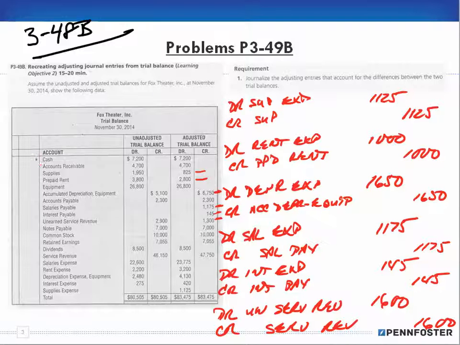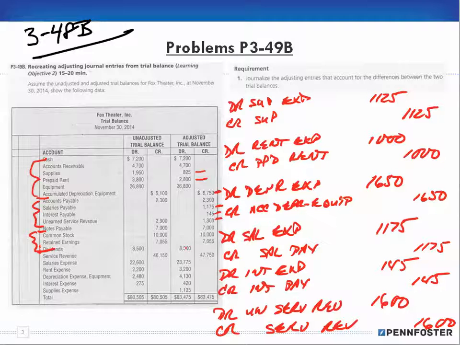Now, notice that I went through the assets, and then the liabilities, and let me draw that a little easier here. Here are my assets, and here are my liability accounts, and then I have my equity accounts here, then I have service revenue.